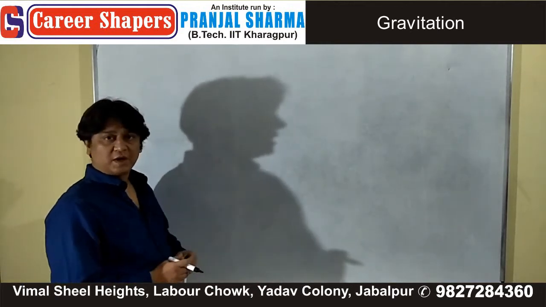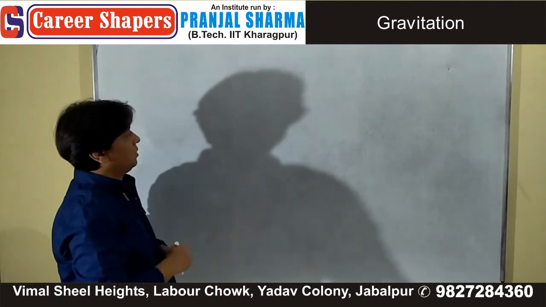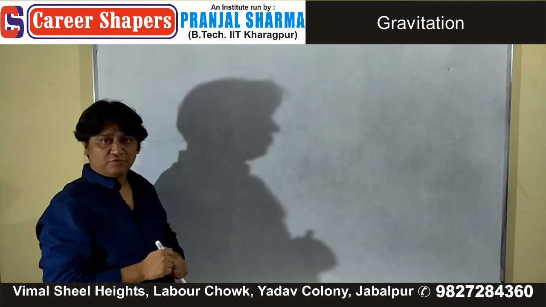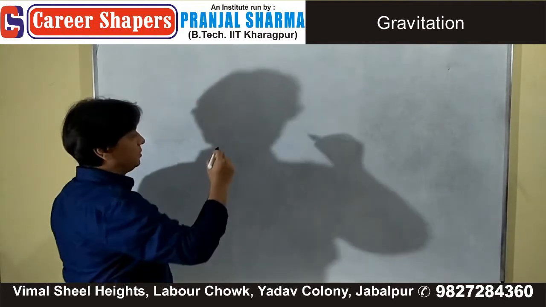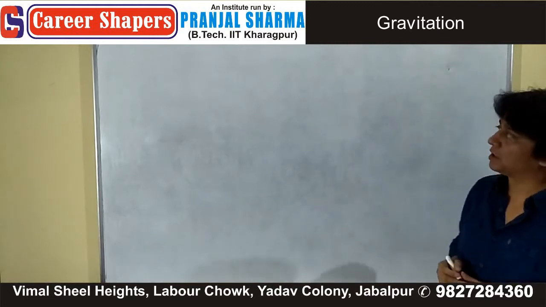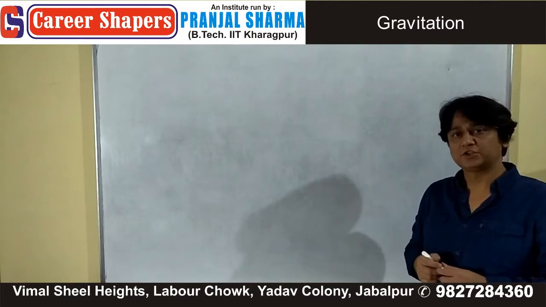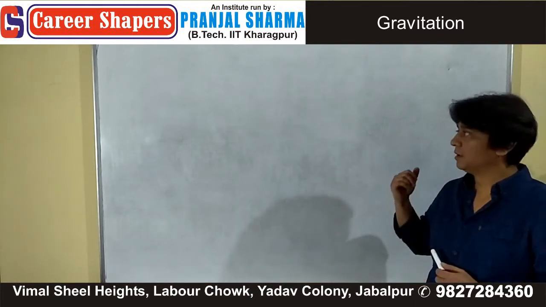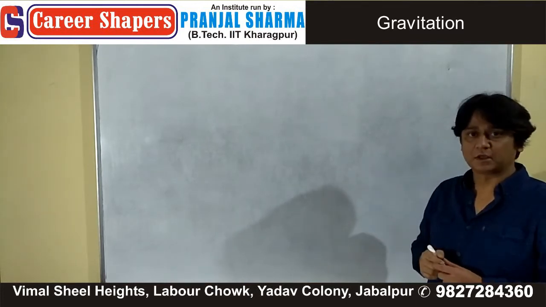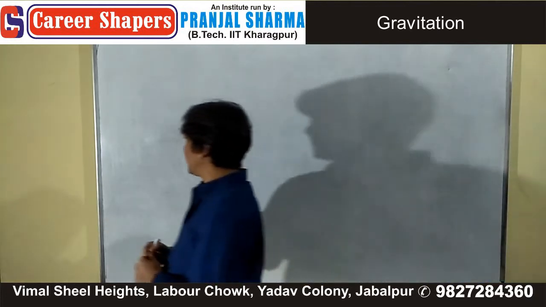Let's see gravitational strength, or intensity of gravitational field, which you also call gravitational acceleration. All these things are the same: strength of gravitational field, intensity of gravitational field, or acceleration due to gravity.